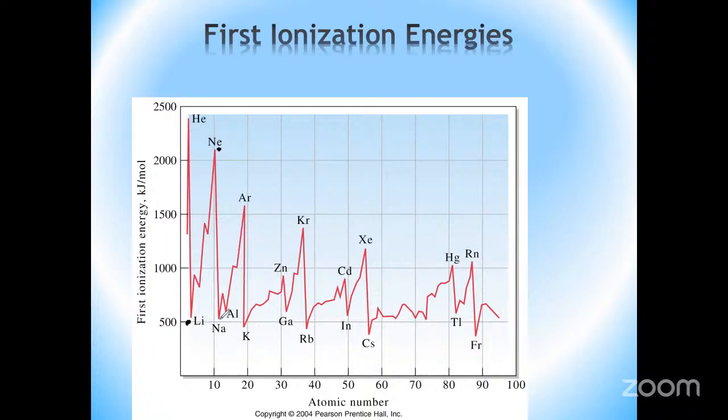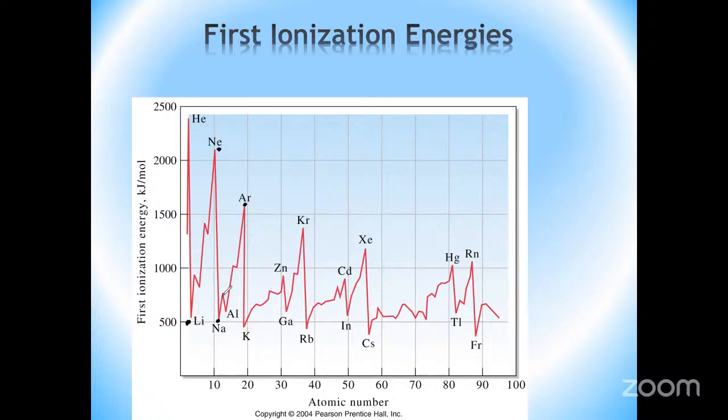And we see a similar trend for the next period. This is sodium, the period starting with sodium, period 3, and ends with argon. Again, you see an increase, then a drop from magnesium to aluminum, and then you see an increase again, and then you see a slight drop from phosphorus to sulfur, and then it increases again to argon.